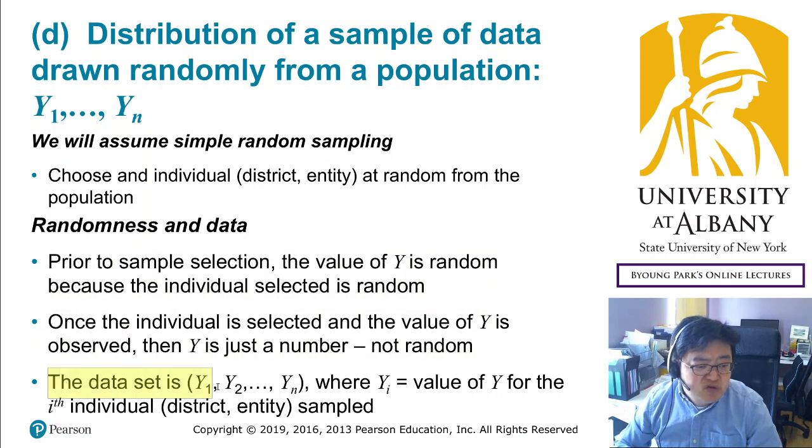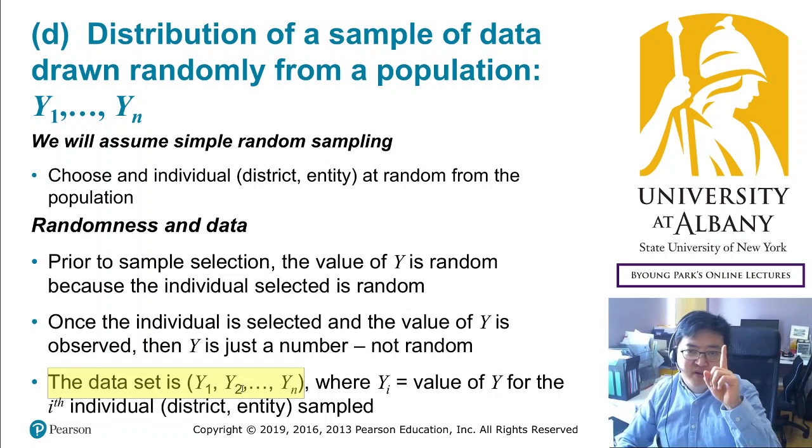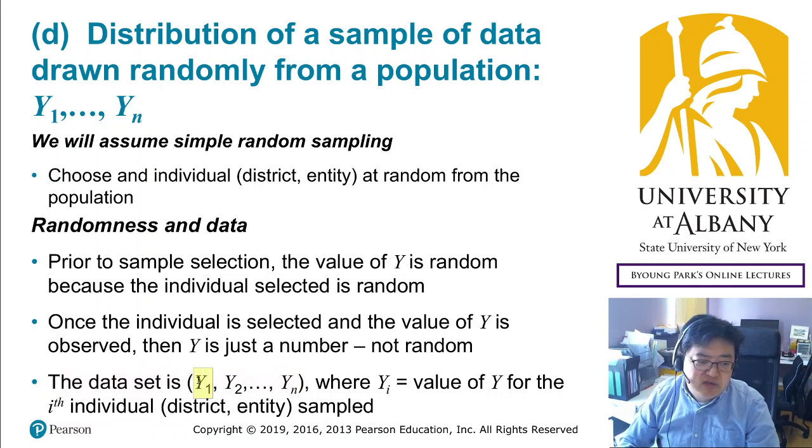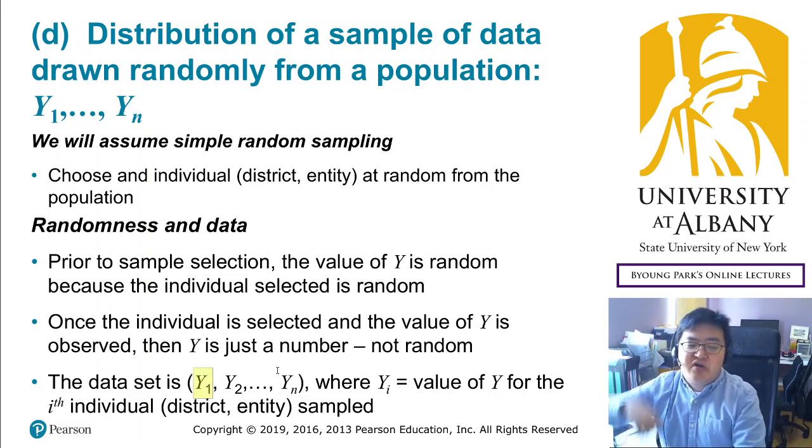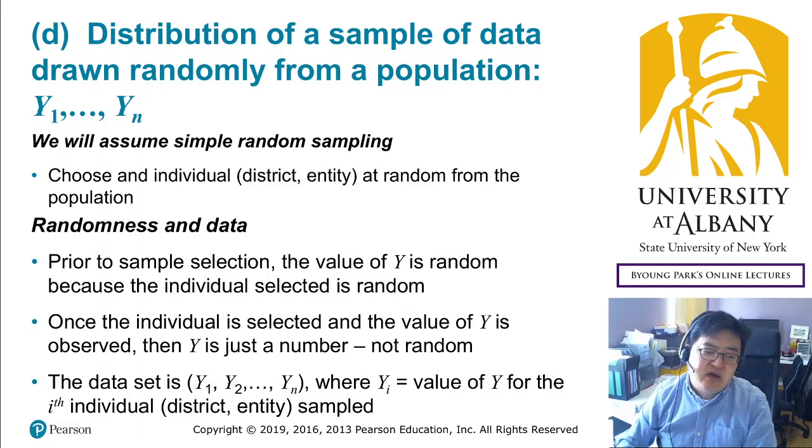In notation, we usually use subscript 1 through n or i to index. So yi is the outcome, the value of y for the ith chosen individual or unit. So you randomly choose one adult, and his income is y1, and choose another person, and her income is now y2.